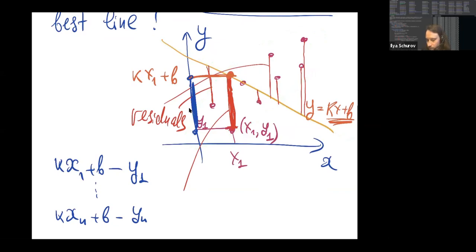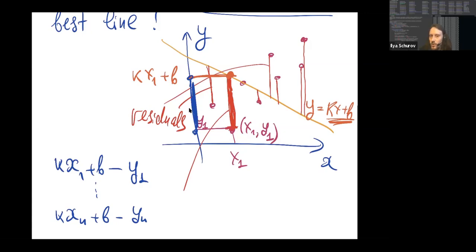In fact, the problem with these residuals is that they can be positive or negative. And if we have a very negative residual, it means that we are, for example, somewhere here. And it is not very good if we have a very negative residual.